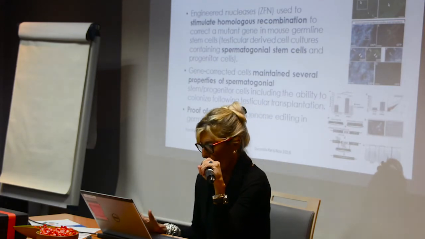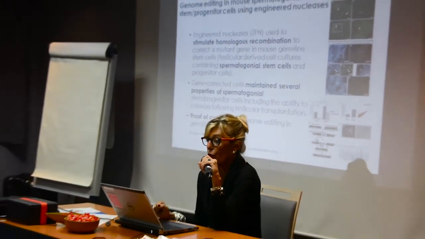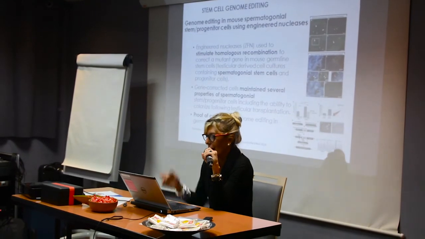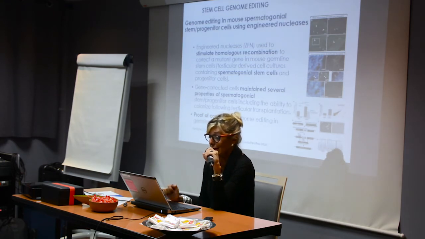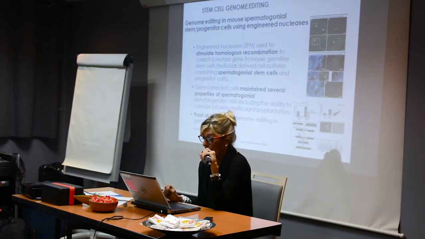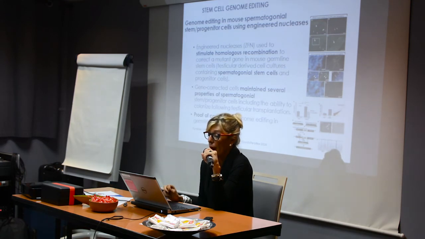Going to some examples, let's go first to stem cell genome editing. What I am bringing are some of the publications. This is a publication of 2014, in which these authors published genome editing in mouse spermatogonial stem cells, and in that case they used zinc finger nucleases.